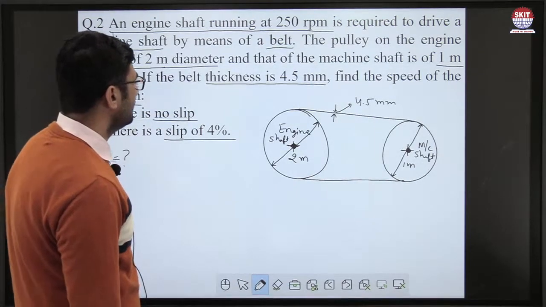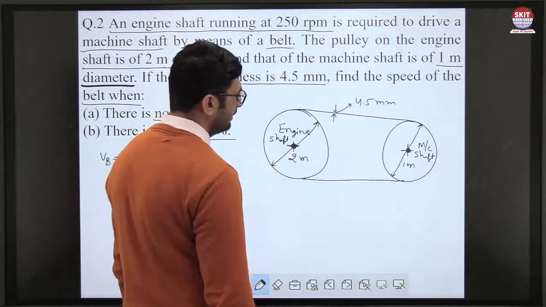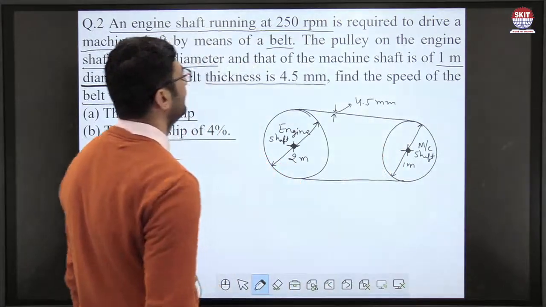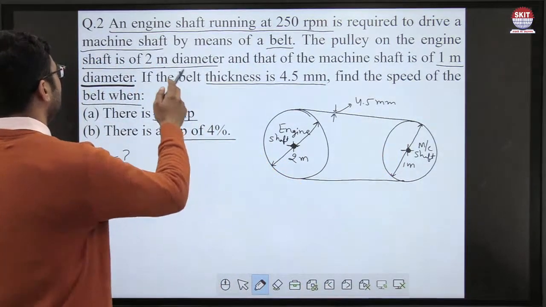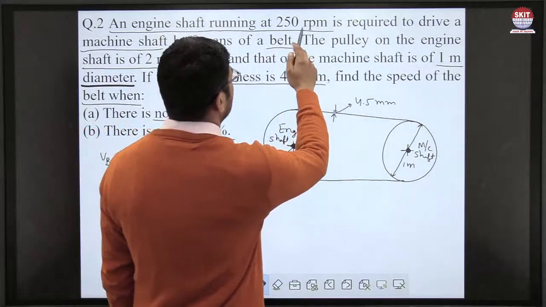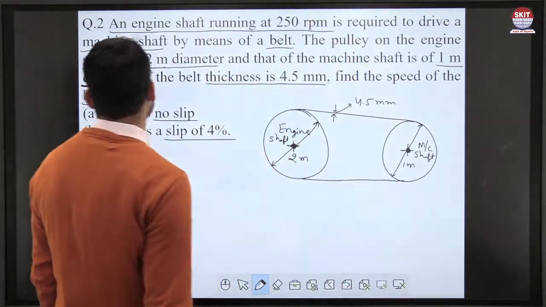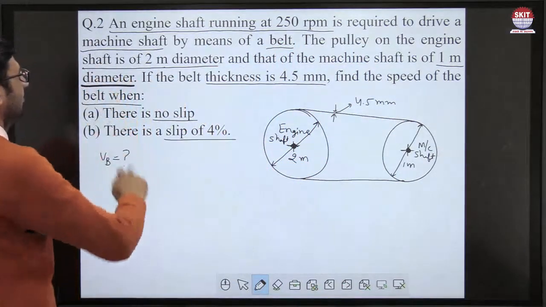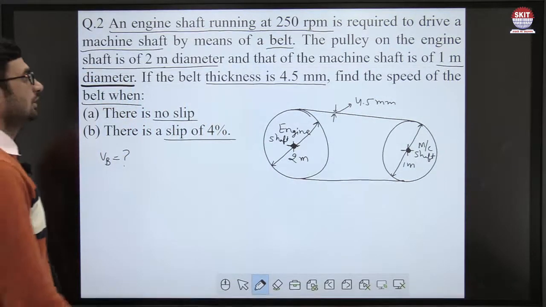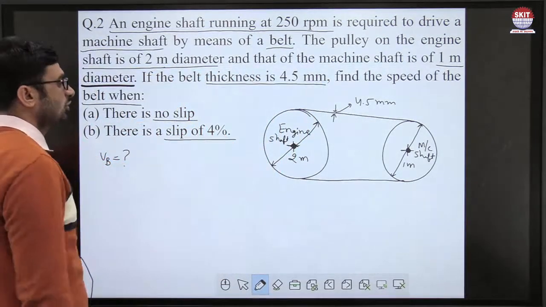From the given data, this is the engine shaft and this is the machine shaft. In the question it is given that the engine shaft running at 250 rpm is required to drive a machine shaft by means of a belt.